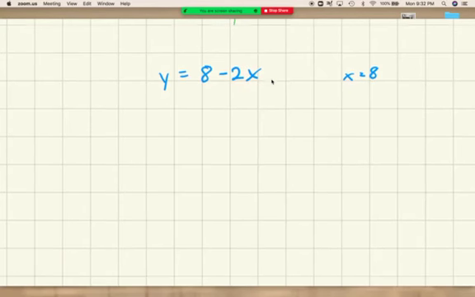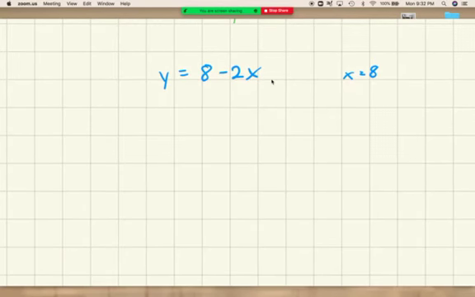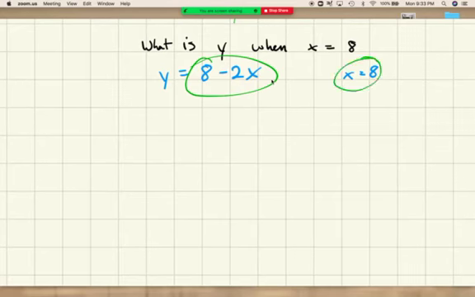All right, so it's saying what is y when x equals 8, right? That's the question. Yep. So all you're doing is plugging in 8 for x.